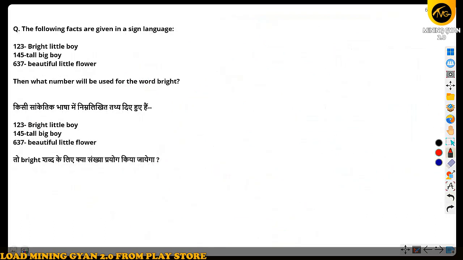Now this is the second question. The following facts are given in the sign language. 1, 2, 3 is bright little boy, and 1, 4, 5 is tall big boy, and 6, 3, 7 is beautiful little flower. Then what number will be used for the word bright?